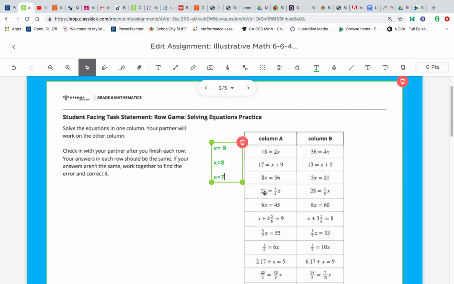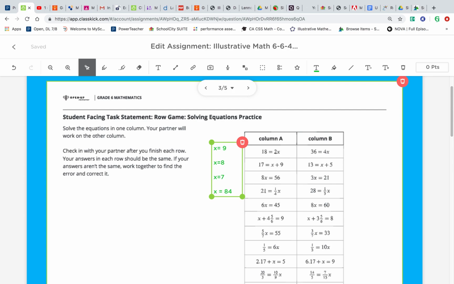So this would be 21 times 4. Over here, we need to divide by 1/3. That's the same thing as multiplying by 3. So this is 28 times 3 is what you're going to get. So you're going to end up having 21 times 4 and 28 times 3. And in both cases, x equals 84.